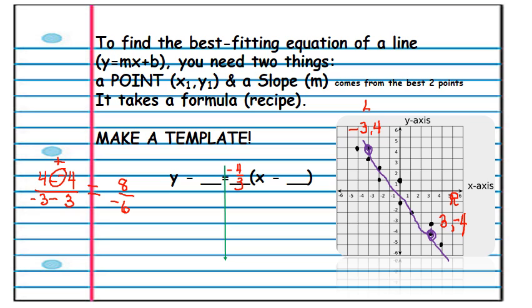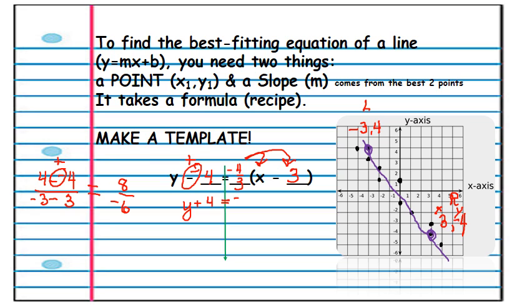Use either one of those points. I think I'll use my right one here. So here's my x, there's my y. I'm going to put the x with the x, 3, the y with the y. Watch your integers. That's why I like making a template. So I get y plus 4 equals -4 over 3 times x minus 3. Make sure you distribute this little guy out.